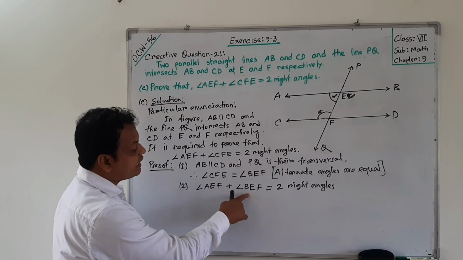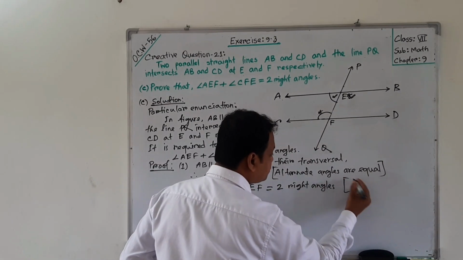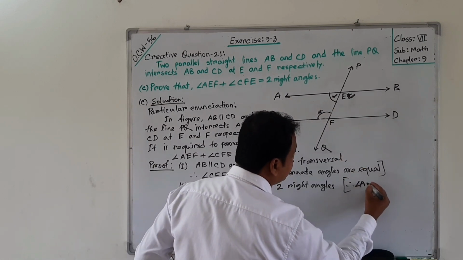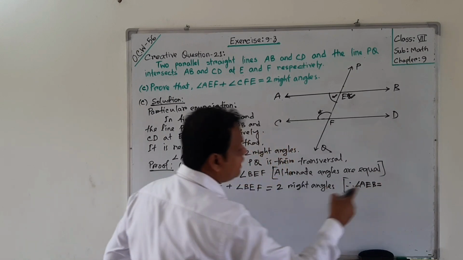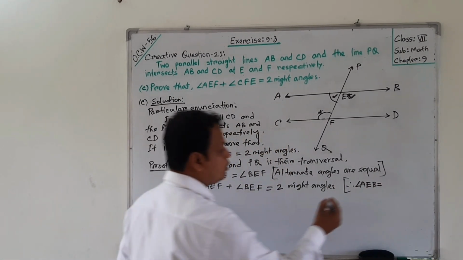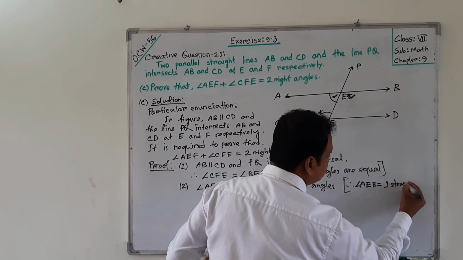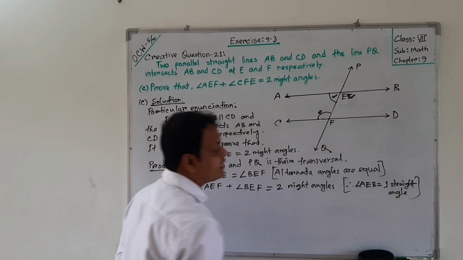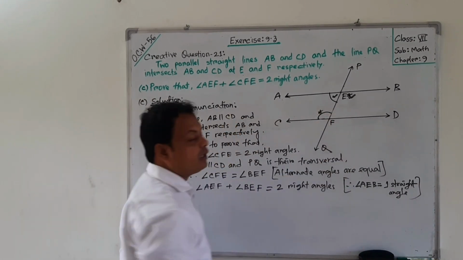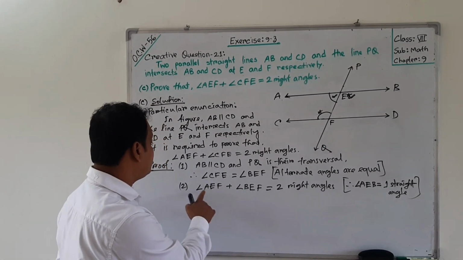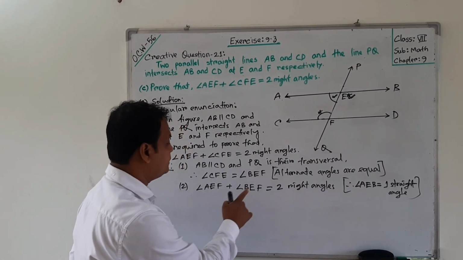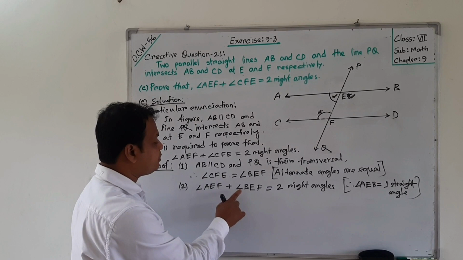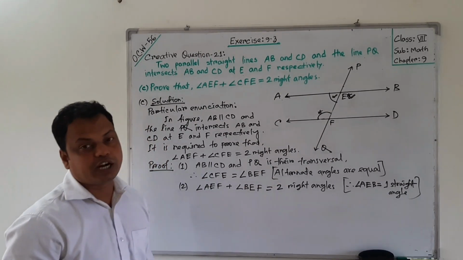Angle AEF plus angle BEF is the angle AEB, which is one straight angle. One straight angle means two right angles. So angle AEF plus angle BEF equals two right angles.